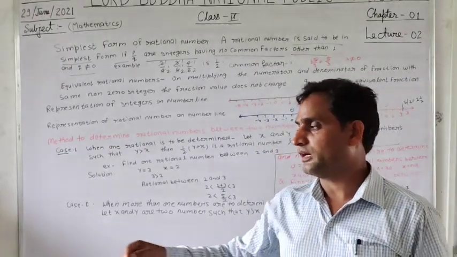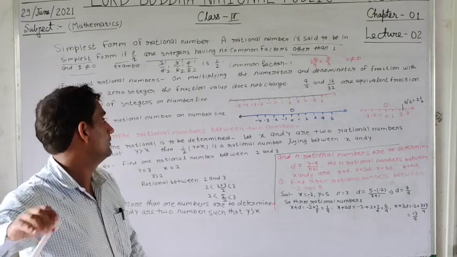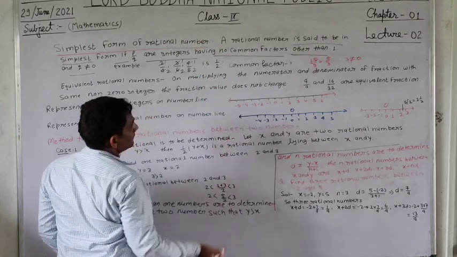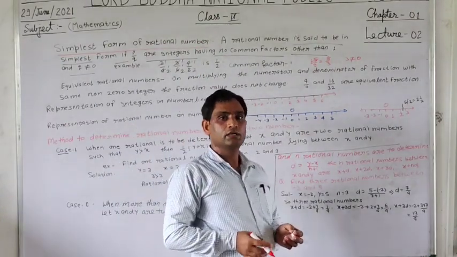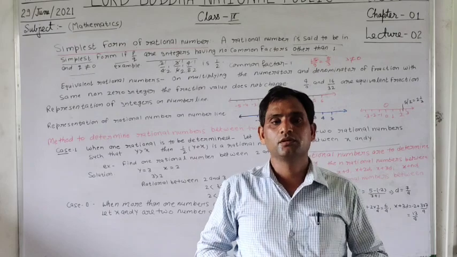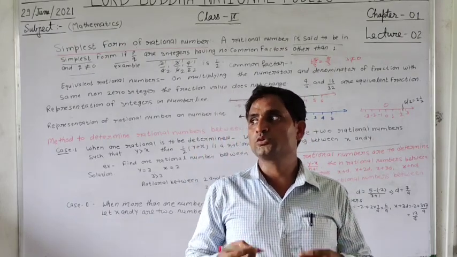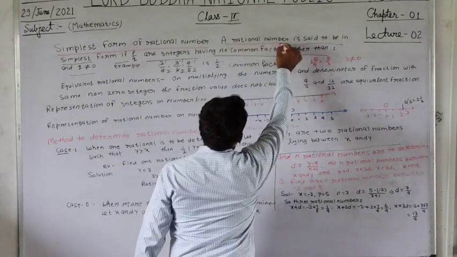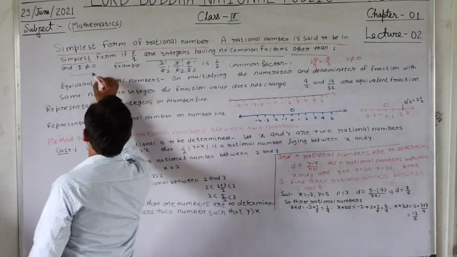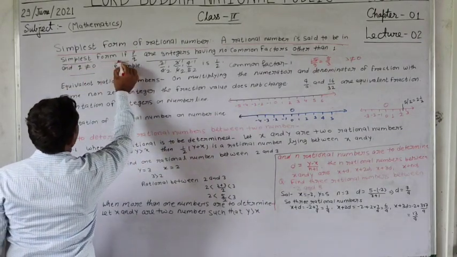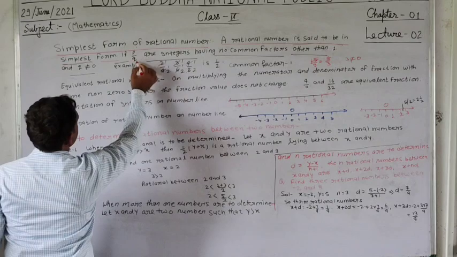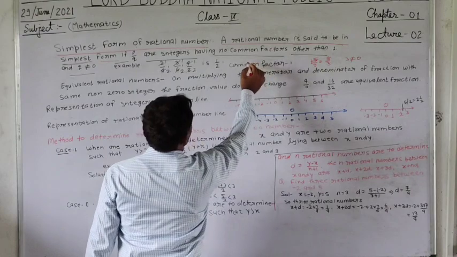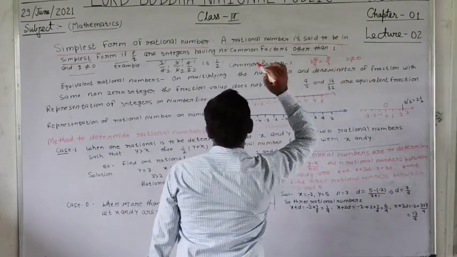As we see on the board, the simplest form of a rational number. When a rational number is said to be in simplest form, which conditions should it fulfill? A rational number P upon Q is said to be in simplest form if P and Q are integers having no common factors other than 1.